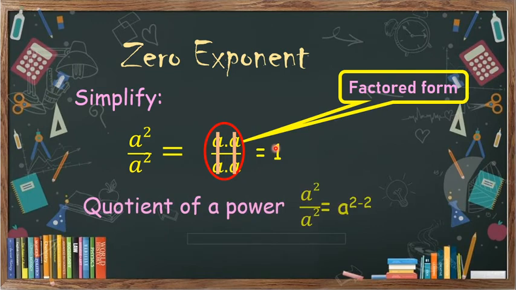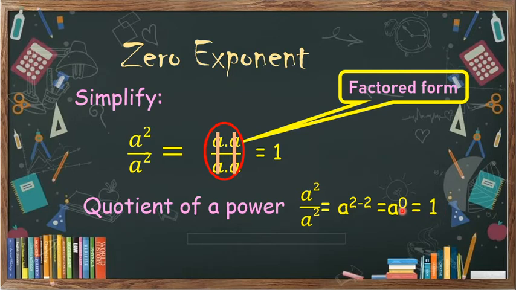Applying the quotient of a power, we have a square divided by a square. Let's subtract their exponents, 2 minus 2. So we have a raised to 0. And based on our first example, a square divided by a square is equivalent to 1, and we have the same given.